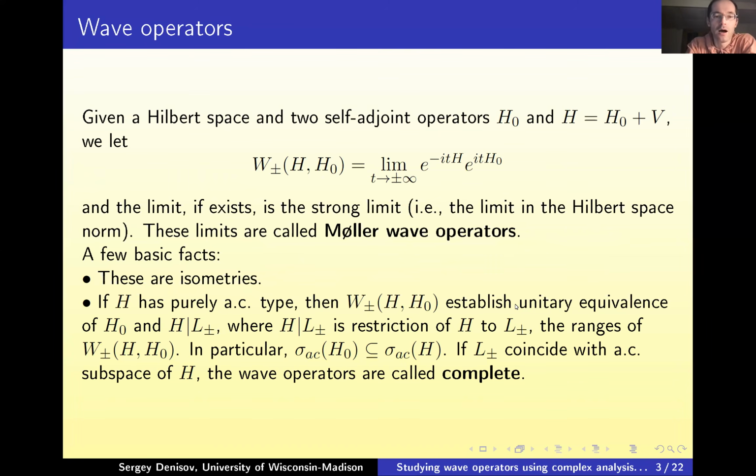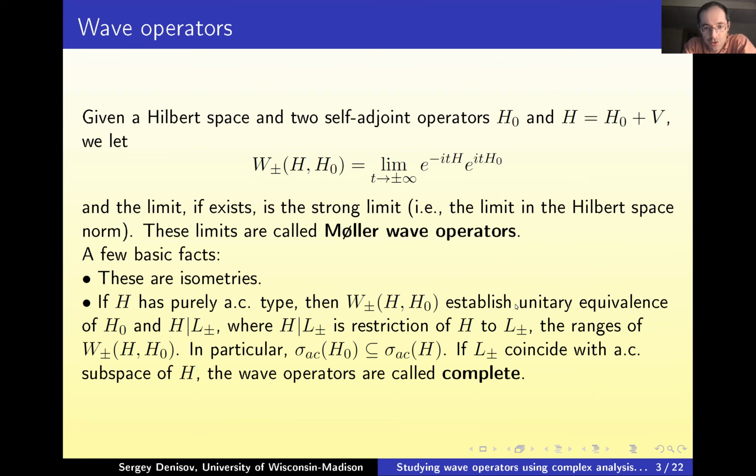Okay, so as promised, I will start by giving you a brief overview of what the wave operators actually are. We can start with a very general setting. Suppose we have a Hilbert space and two self-adjoint operators in this Hilbert space. One is H naught, which we typically refer to as the unperturbed or free operator.